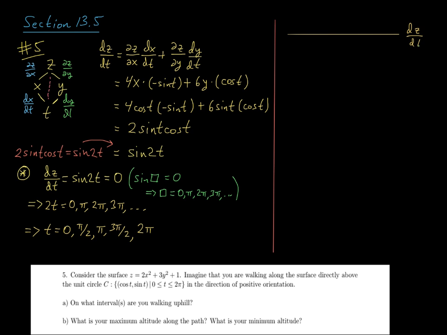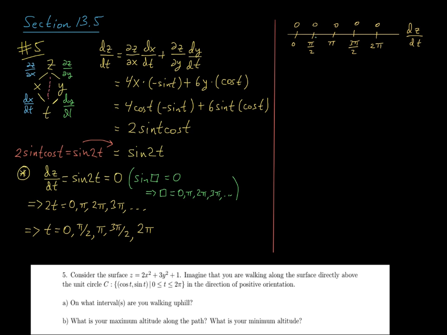So here's our derivative, and we just found that at these times, 0, pi over 2, pi, 3 pi over 2, and 2 pi, our derivative is 0.